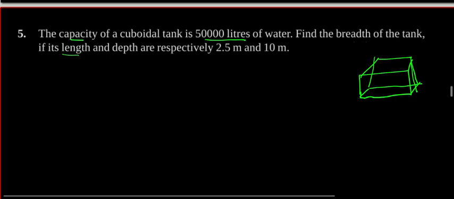So, length and the depth are given. Length is 2.5 meter, respectively. That means you need to consider the first unit as length and the second unit as depth. Depth is nothing but the height.